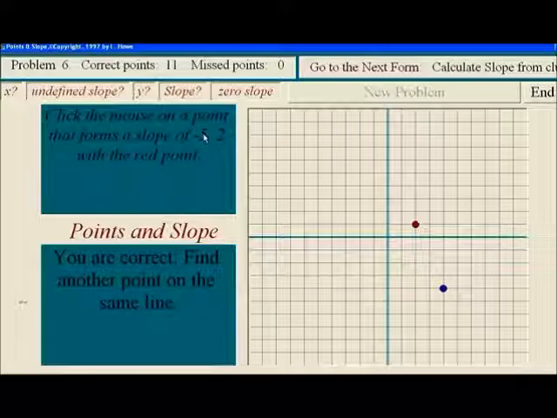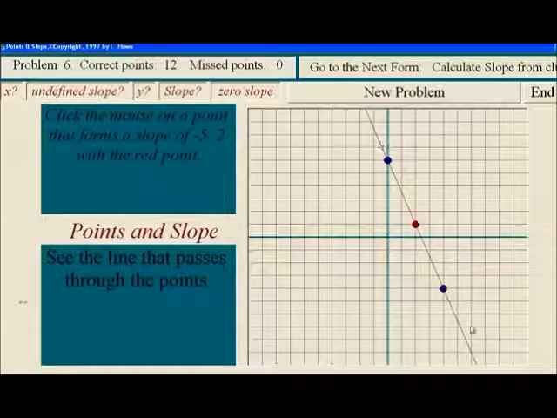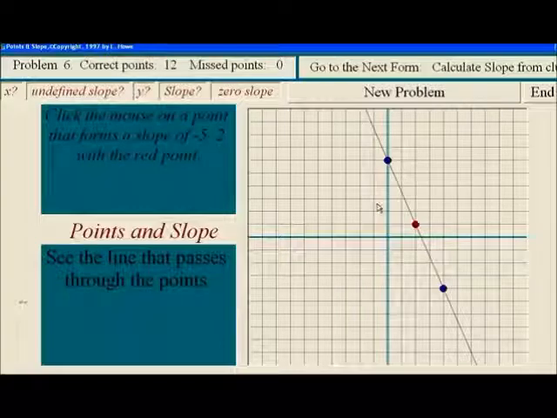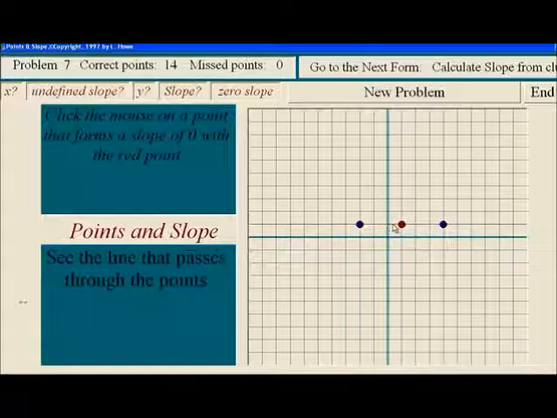That would be 5 over -2. Go up 5 and backwards 2. I think it's probably best for practice to surround your red point with something in each direction so that you get used to being able to count the slope out in either direction.